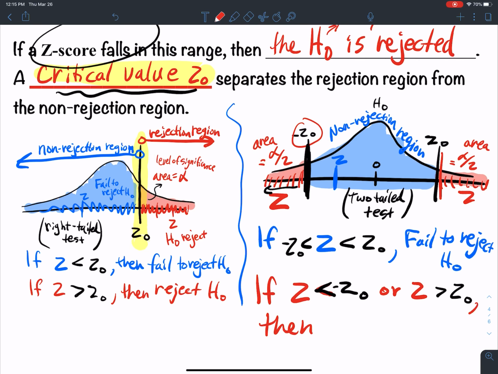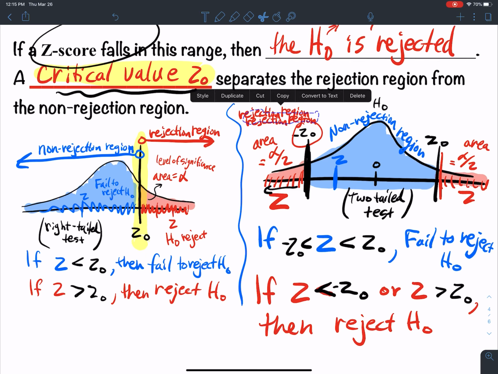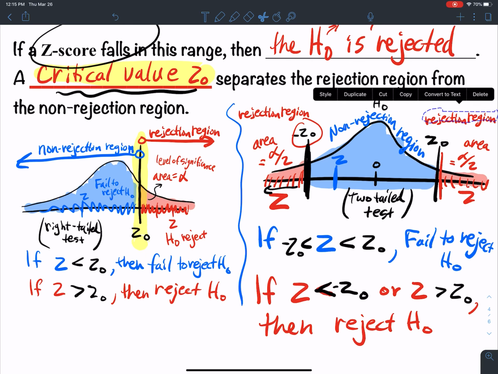Then I reject the H0. I'm in the rejection region. Rejection region. I'm just going to copy and paste this, okay? So rejection region here and rejection region over there, okay? So hopefully that makes sense to you, all right?